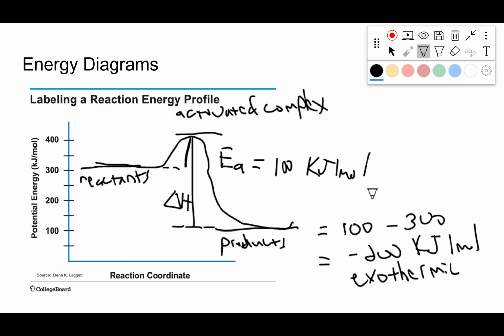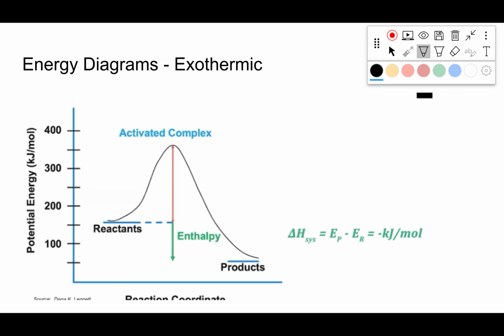So let's look at a couple examples. Again, this is an exothermic reaction. We have our reactants, we have our products. If our products are lower than our reactants, then when we do products minus our reactants, it's always going to give us that negative delta H. This red part of the line is my E sub A. That's going to be my activation energy.